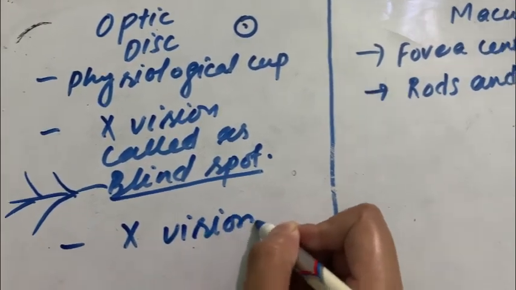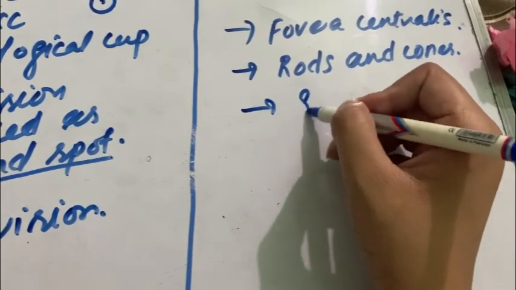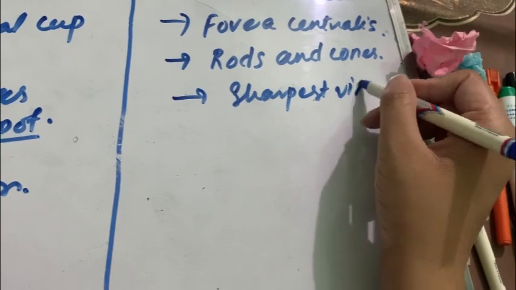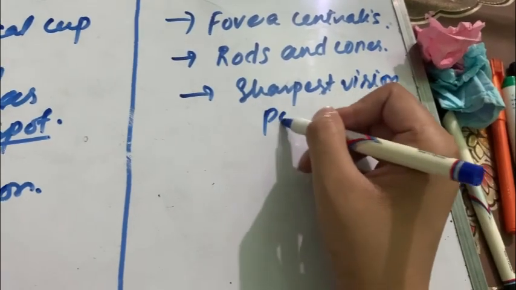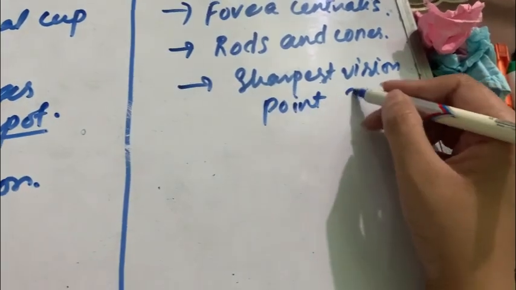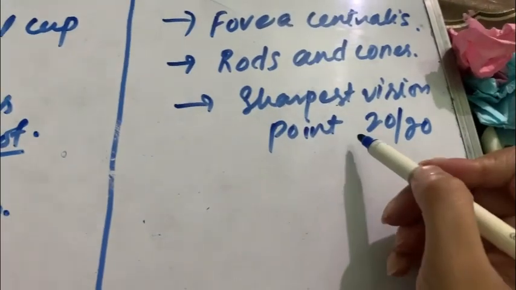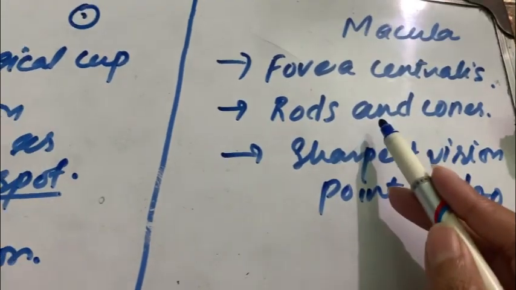The third difference, and here the sharpest vision, the point of sharpest vision, 20 by 20 vision, due to the presence of rods and cones.